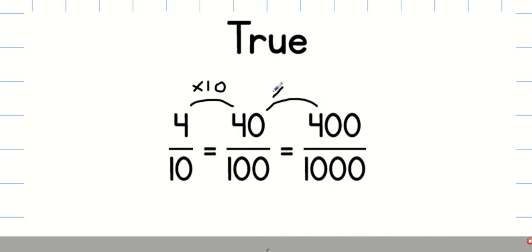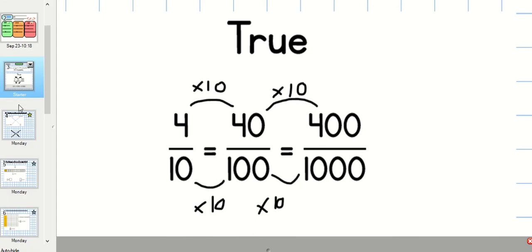That's right, I'm going to times it by 10. And obviously, I'm also timesing my denominator as well. So these all equal the same. So we know that 4 tenths equals 40 hundredths equals 400 thousandths.